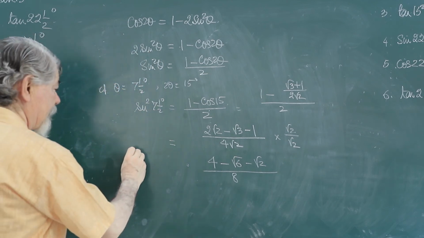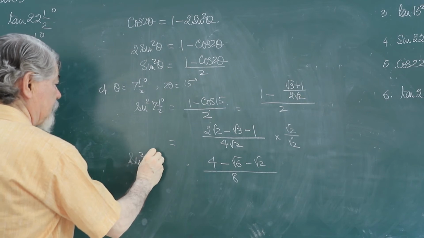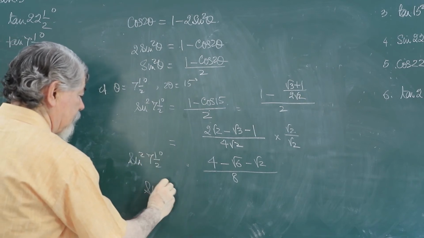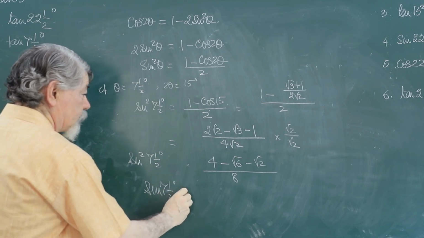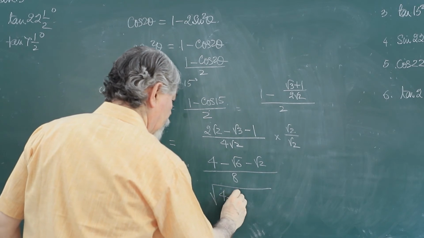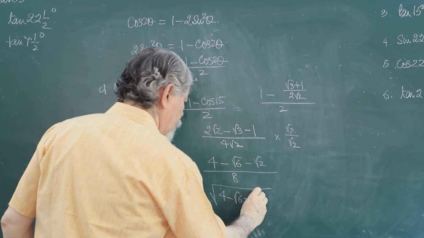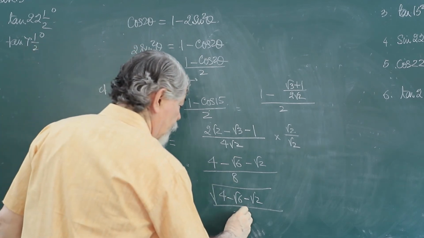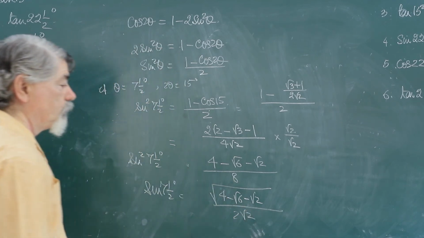Now, this is sine square 7.5 degree. I have to calculate sine 7.5 degree. So that will be square root of this. Square root of 4 minus root 6 minus root 2. And when you take the square root of it, 4 2s are 8, so 2 root 2 will remain.